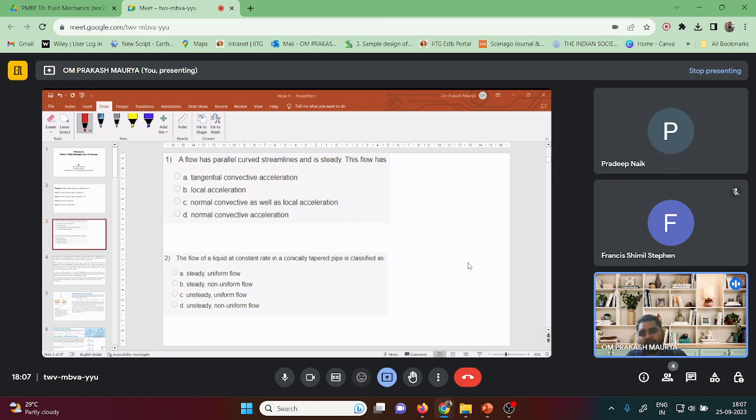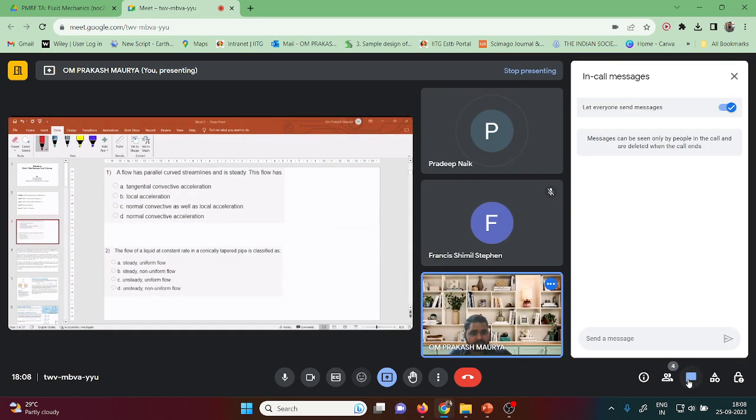Thus the flow has: option A, the tangential convective acceleration; B, the local acceleration; C, the normal convective as well as the local acceleration; and D, the normal convective acceleration. Which option is correct? Please give your comment in the chat box.